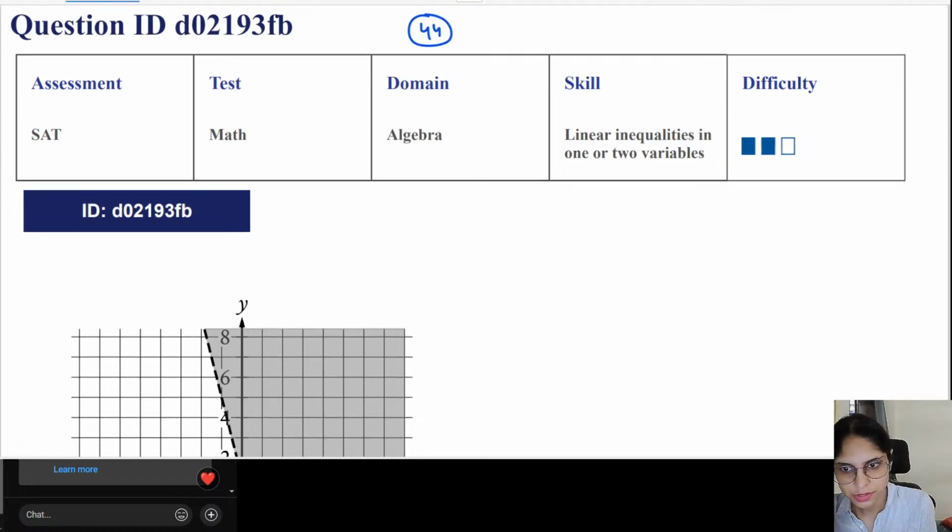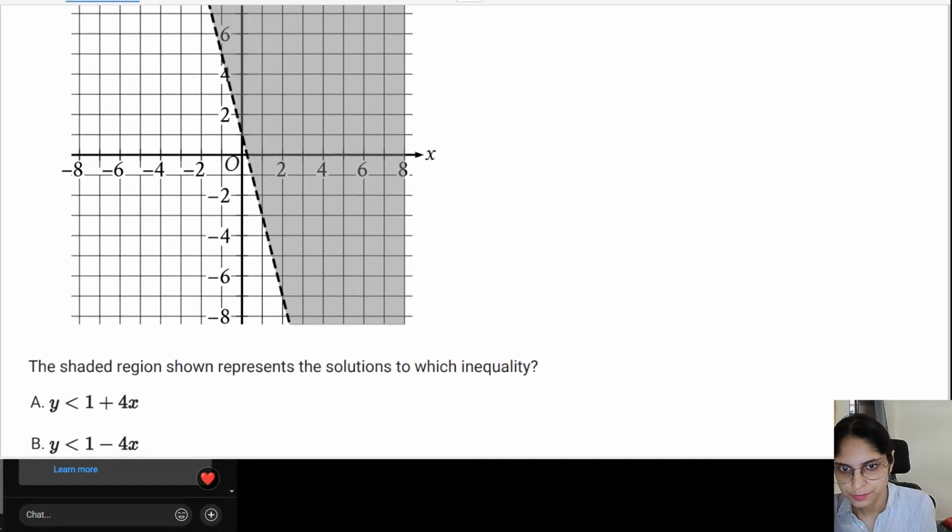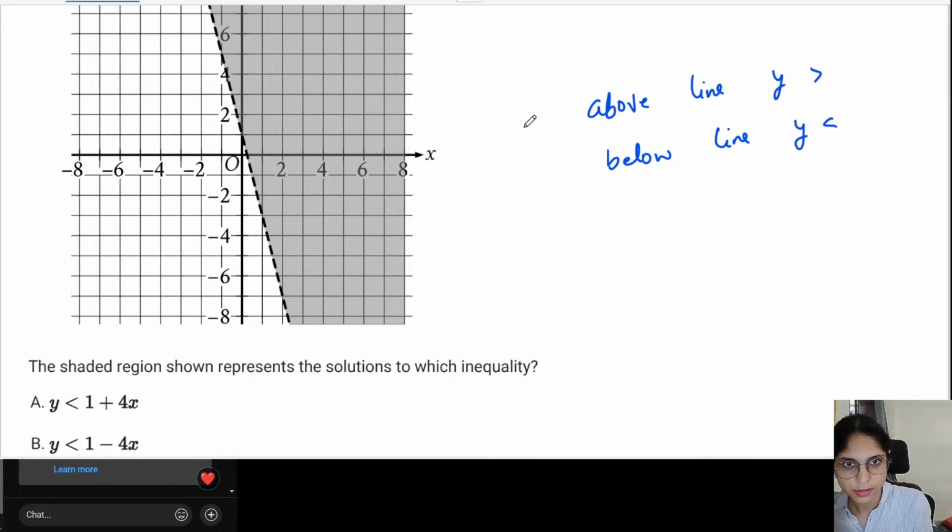The graph is given which represents the solution to this inequality. So it is above the line, so y has to be greater than. Whenever you are going above the line, y is greater than. When you're going below the line, you're doing y less than. Above shaded line I should write.